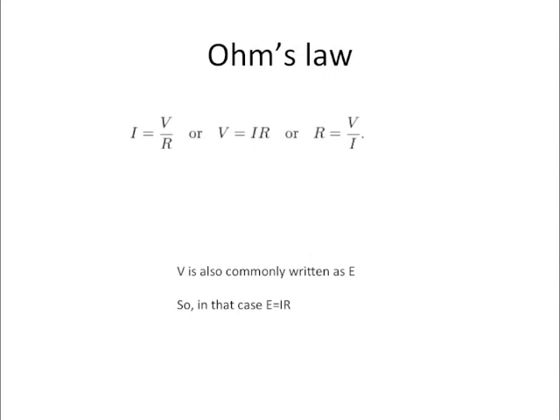Also, if you know the current and the resistance, you can find the voltage by multiplying the current by the resistance, and that'll give you the voltage. That's really useful if you're trying to figure out what your voltage should be at a certain point in an electronic circuit. You can figure it out based on what the current and the resistance should be.